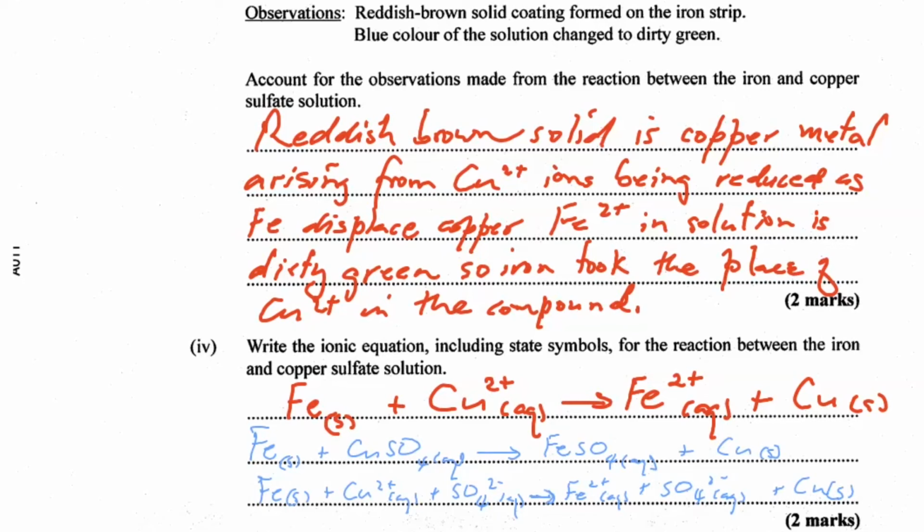So we eliminate sulfate, it hasn't changed. Then we check to ensure that the charges are equal on the left side and on the right hand side.